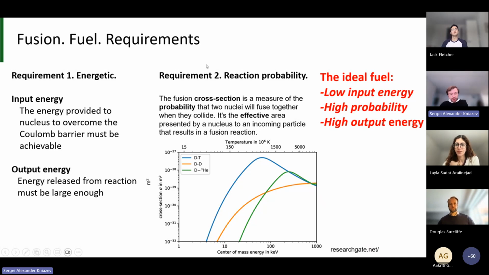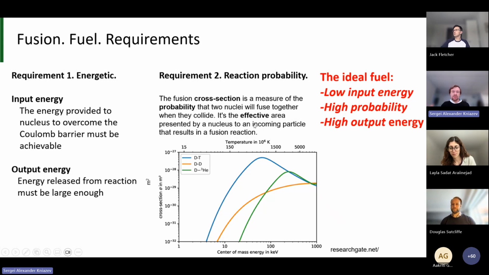And the next requirement is probability. In nuclear physics, in fusion, the probability is measured by the so-called cross-section. It is the effective area presented by a nucleus to an incoming particle that results in a fusion reaction.